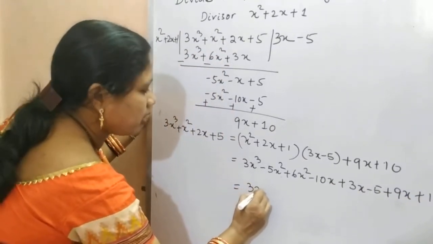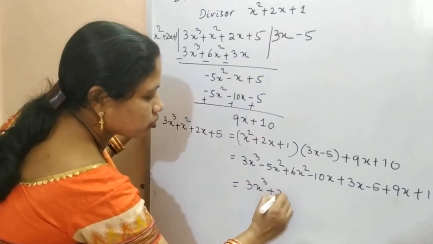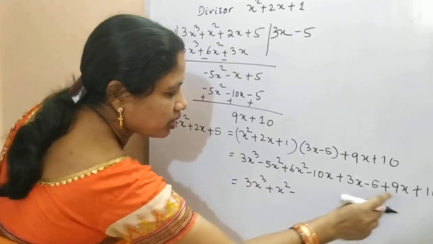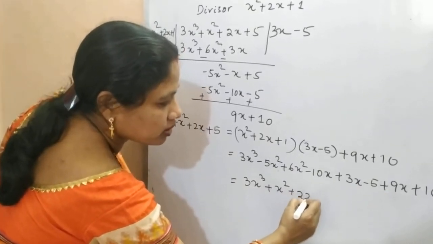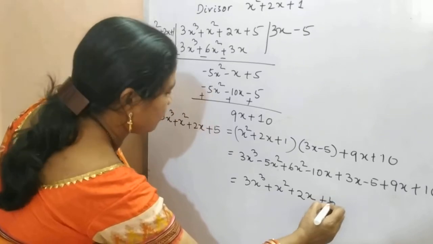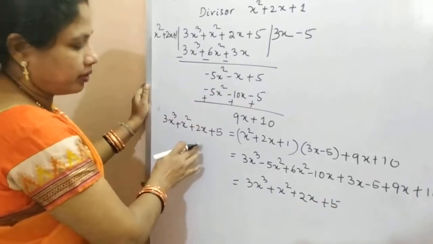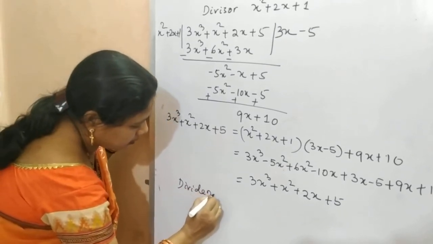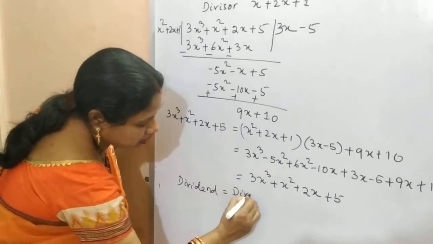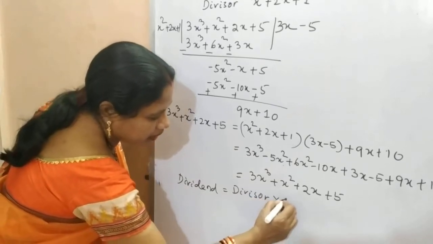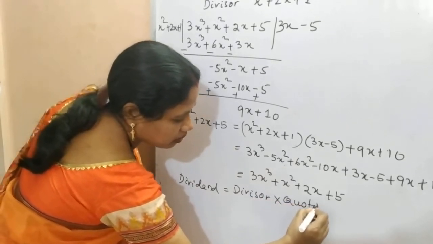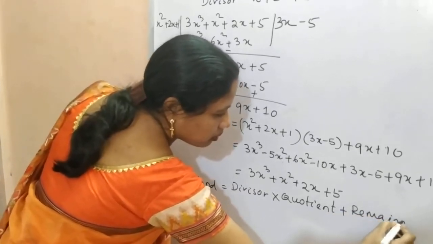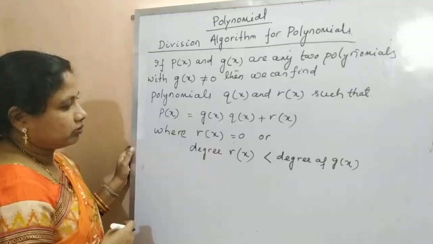So this becomes 3x cube plus x square minus 10x plus 3x plus 9x, so this is plus 2x plus 5. This is equal to left hand side. So here also dividend is equal to divisor multiplied with quotient plus remainder. We have verified this.